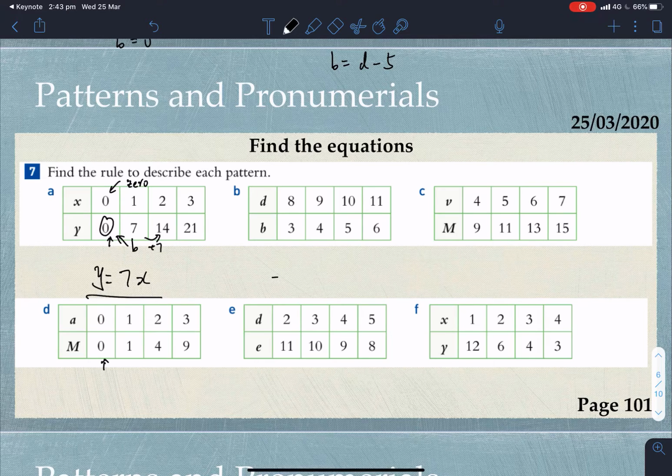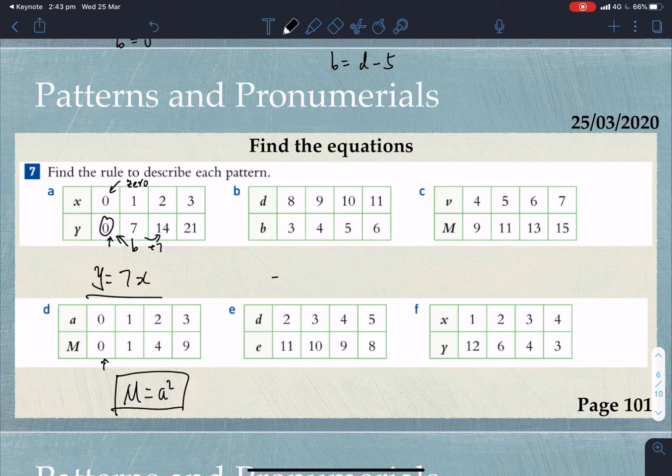Changed by 3. Huh, that's hard. That doesn't work. Oh, but it looks like the second number is always the square of the first one. So it looks like M is a square, isn't it? So 0 square is 0, 1 square is 1, 2 square is 4, 3 square is 9.